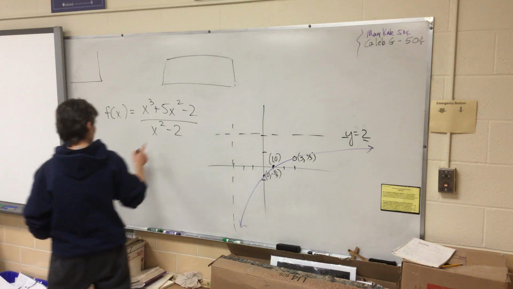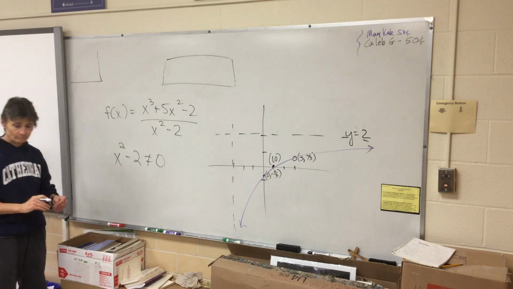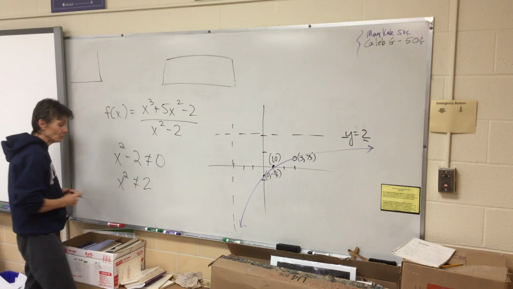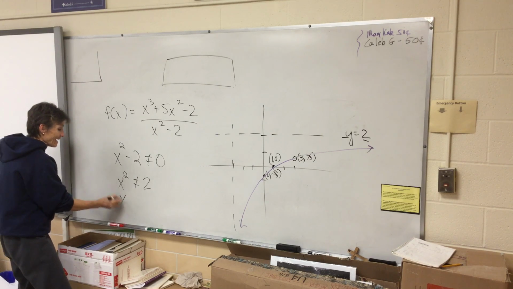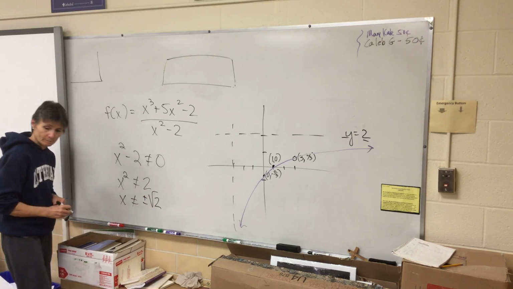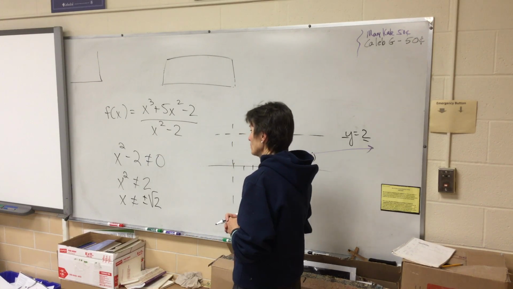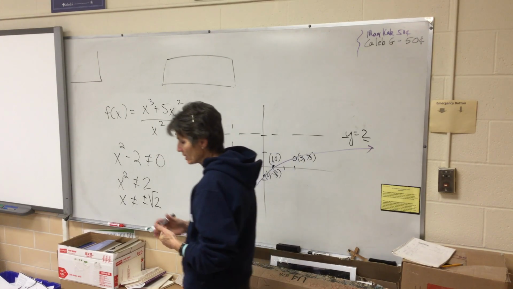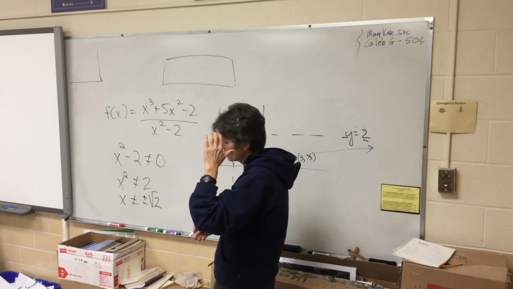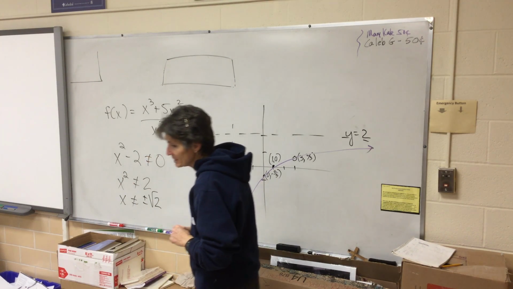So that means x squared minus 2 cannot be 0, which means x squared cannot be 2, and x cannot be plus or minus the square root of 2. So that's the first thing that goes through my mind when somebody says to me, what's the domain? The denominator cannot be 0.